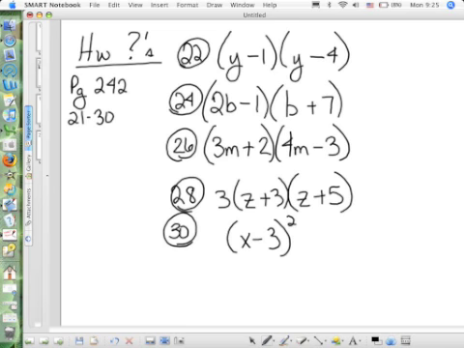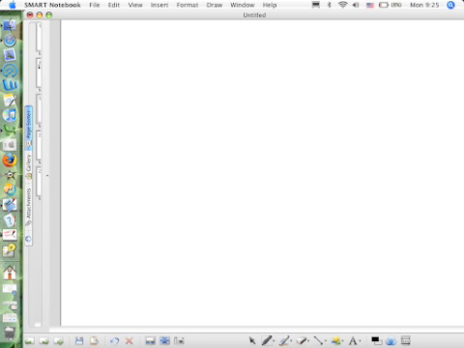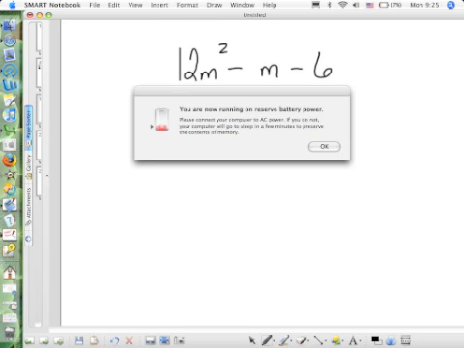Clint, can you work number 26? Yes. So 26 is 12m squared minus m minus 6. First, look for a greatest common factor, which there is not one. Okay, so we've got to take into account our little cross multiplying thingy, right?